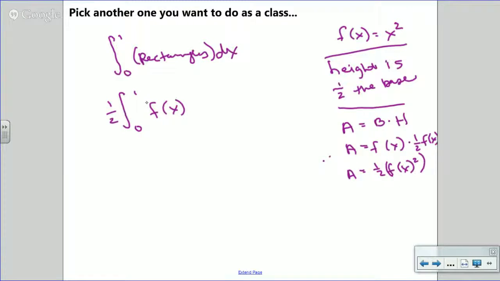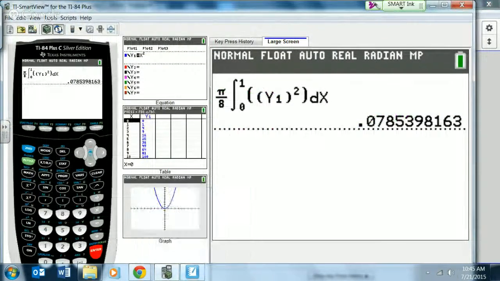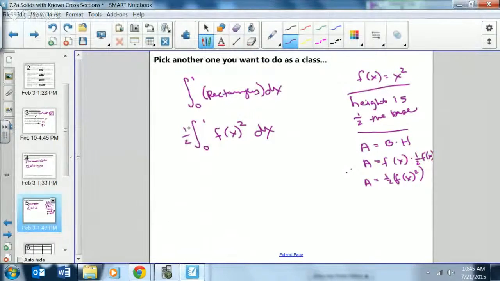We're going to square f of x, right? Dx. Okay, why don't we plug that into our calculator also.